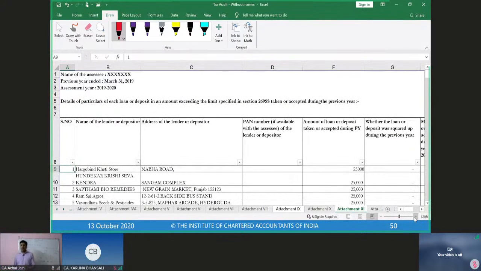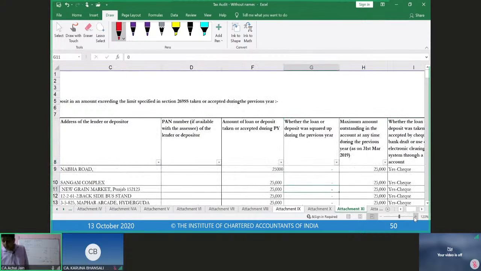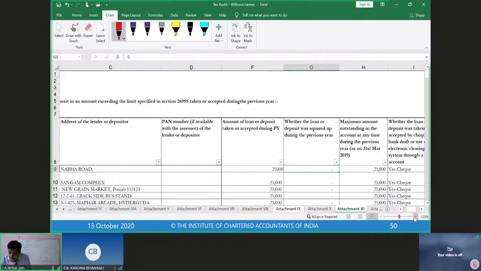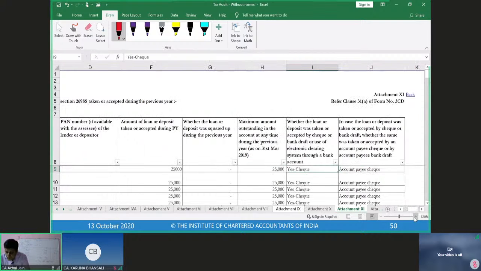First, name is coming, then the address is coming, then the PAN number is coming, then the amount of loan or deposit is coming, then it is mentioned whether it was squared up during the previous year. If it was squared up, what is the amount? Maximum amount which was outstanding during the previous year is mentioned.